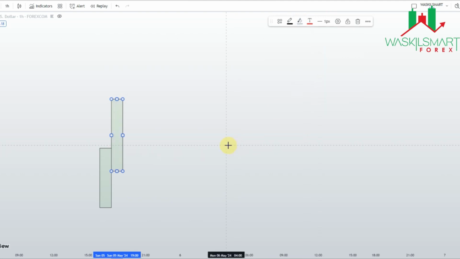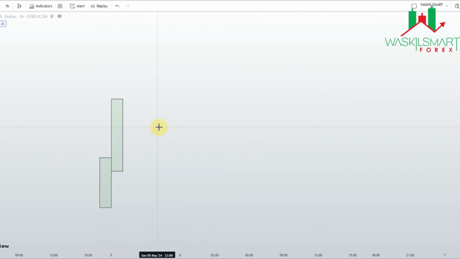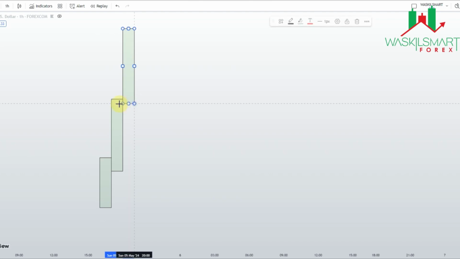So we can see high trading momentum from the market. Market is trading high momentum when the new open of a new candlestick comes up at the very end of the closing of the previous candle.